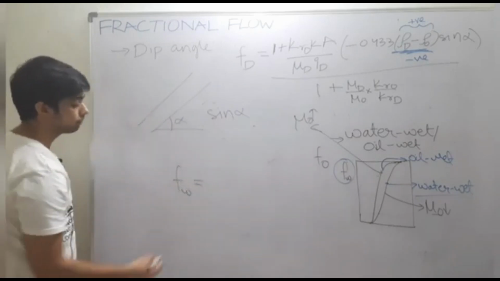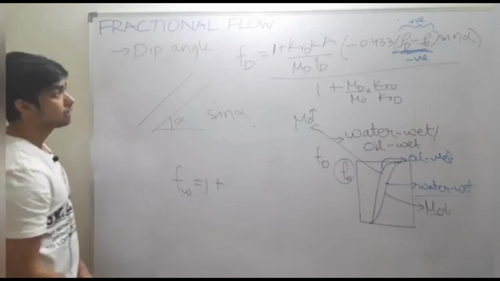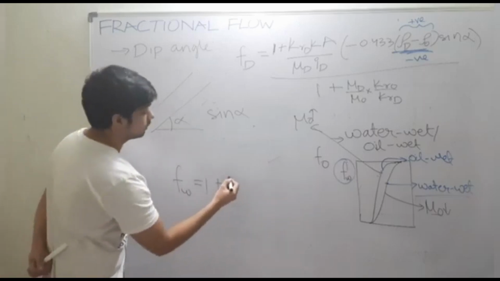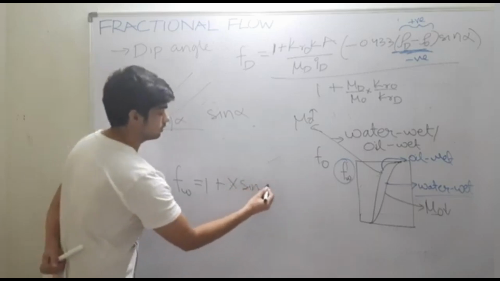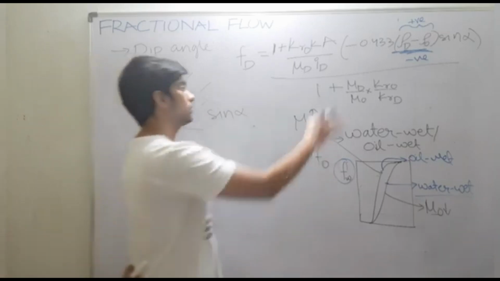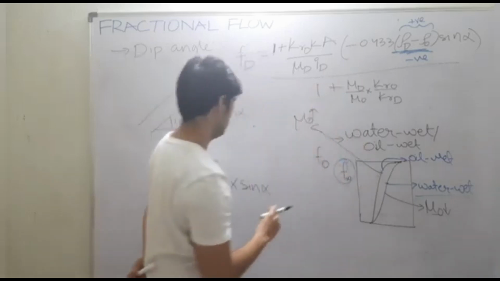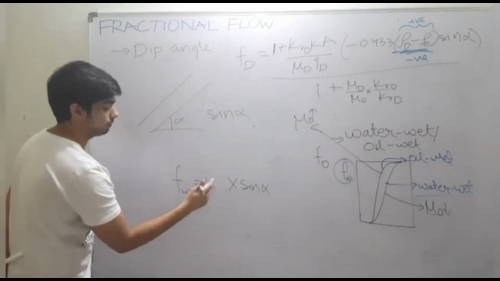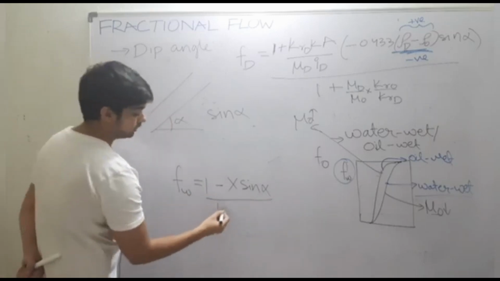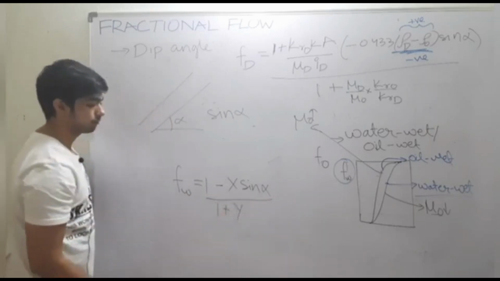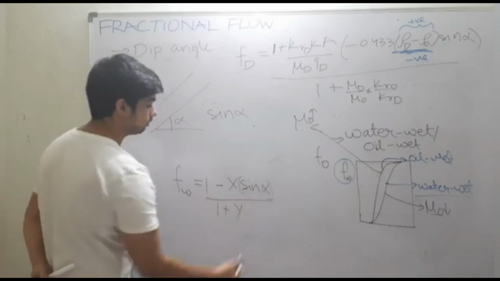Fw will be equal to 1 plus x into sin alpha. We have compressed all those terms into x, and this will become negative, plus 1 by y. So we are only changing sin alpha here.